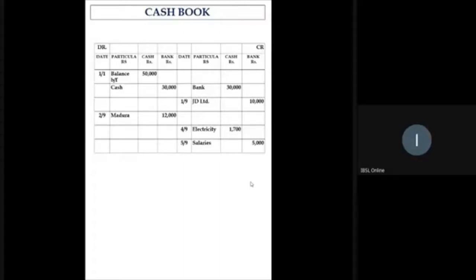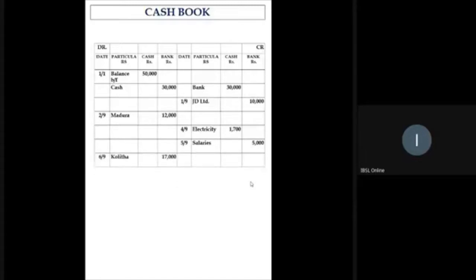Then the next transaction is somewhat interesting. On 6th of September, rupees 17,000 received by check from Kolita. Again, a debtor is settling your debts. So which means Kolita is one of your debtors.